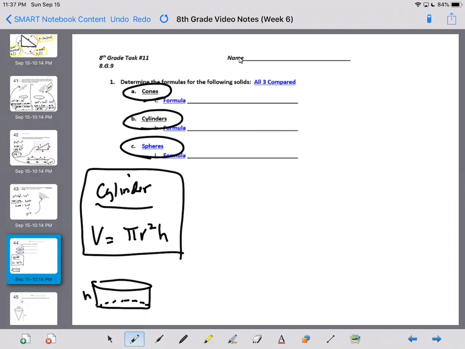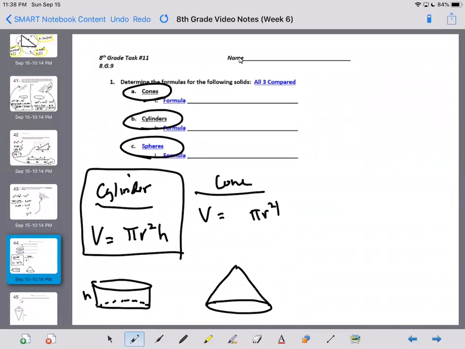But then when you think of your cone, it still has a circular shape. So the cone also has to have pi r squared h, because it's going to have a height to it, and it's going to have a circular base, which is pi r squared. The only difference is that the cone is a third of the cylinder, based on that the diameters of the cylinder and the cone are the same.